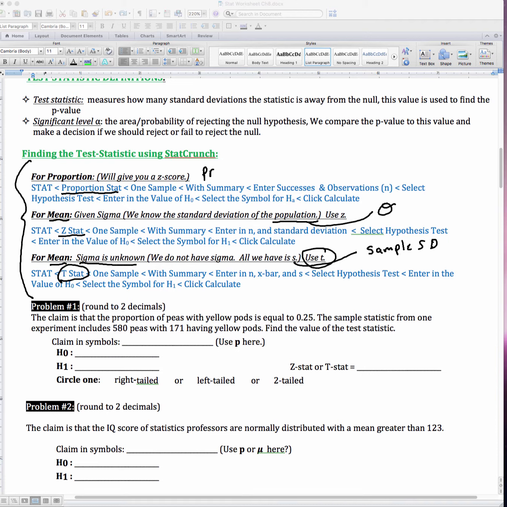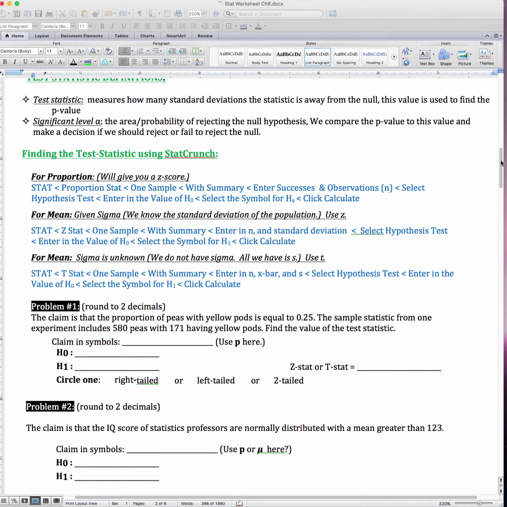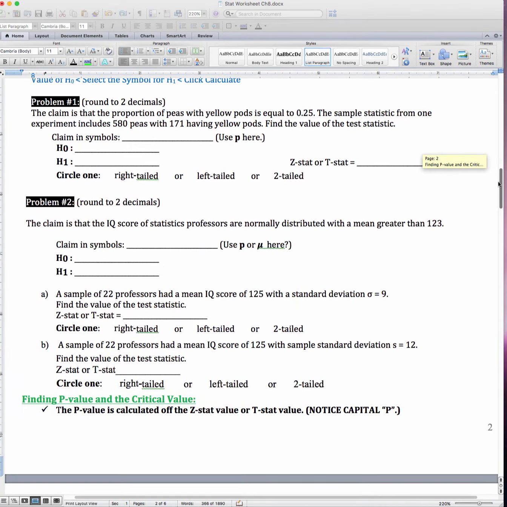We'll do a few examples real quick. Okay, so the claim is a proportion p is equal to 0.25. See, they make this claim, and since it's equal, we'll put the claim here. It's a p because it's a proportion. So that's definitely going to be our null.